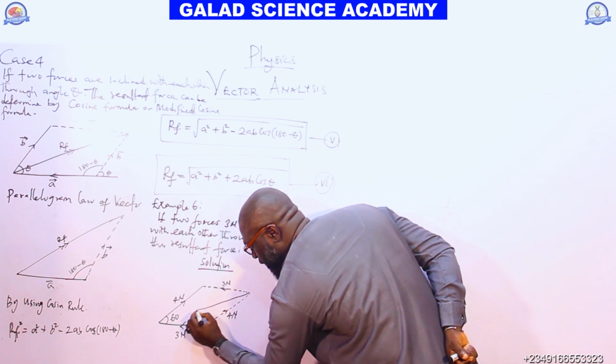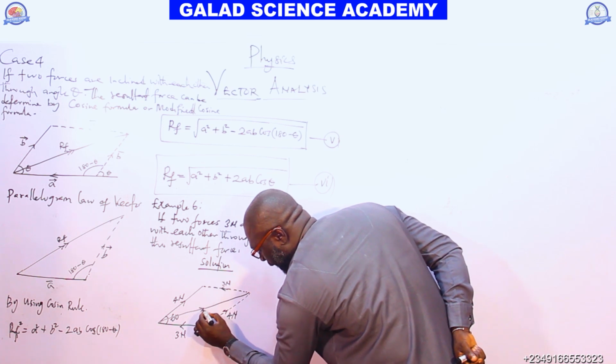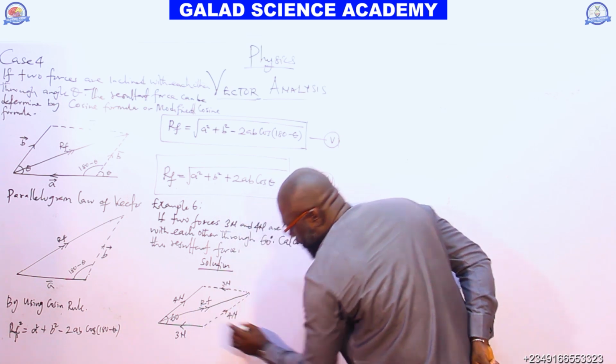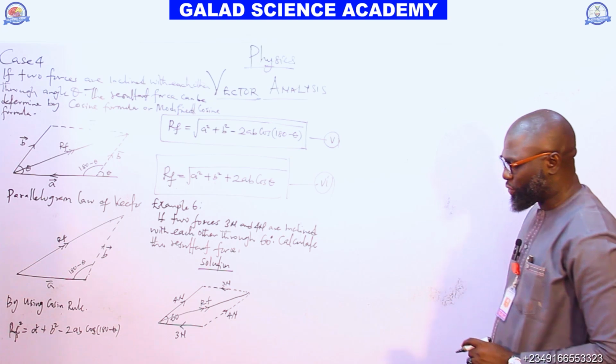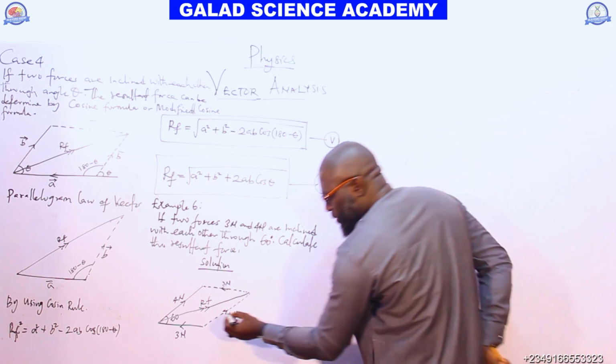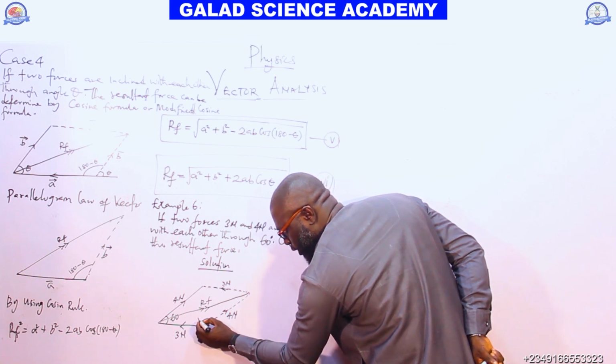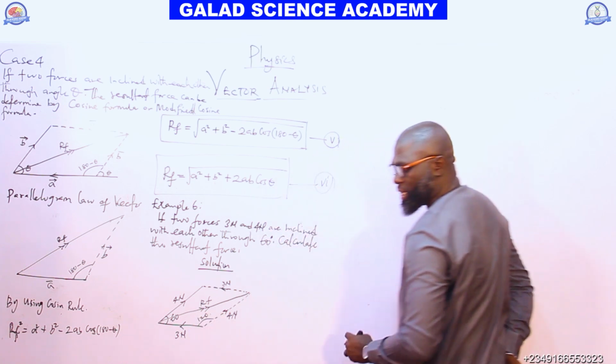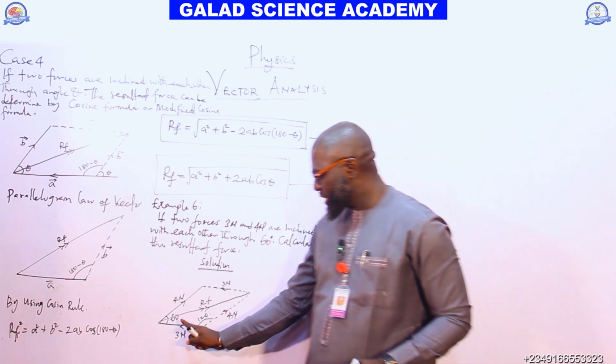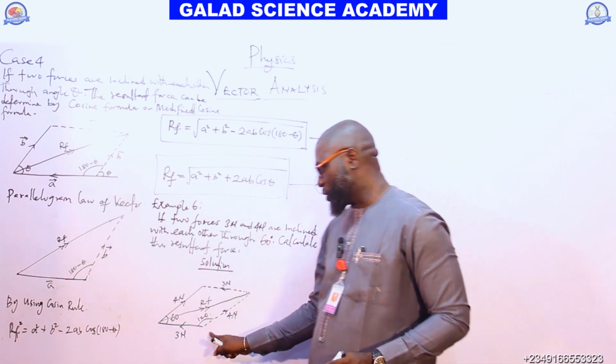Join the diagonal together to form a parallelogram. This is the resultant force. If you subtract 60 from 180, this angle will be 120. By subtracting 60 from 180, we have 120.